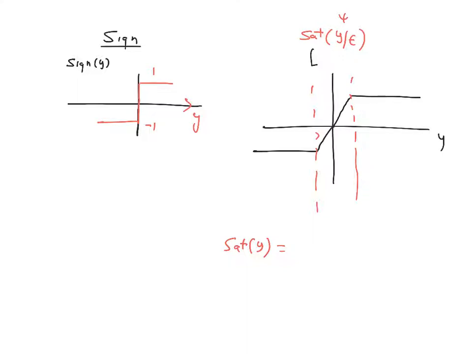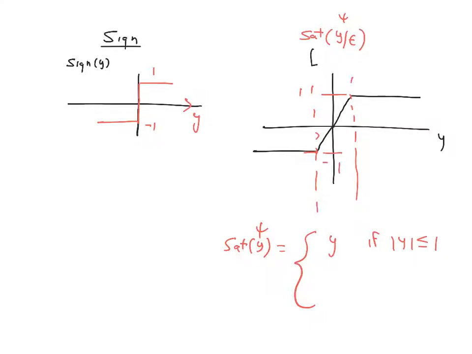So it is equal to y if the input, which can be y by epsilon, has a mod less than or equal to 1. So this quantity is 1 right here, +1, and this is -1, right?